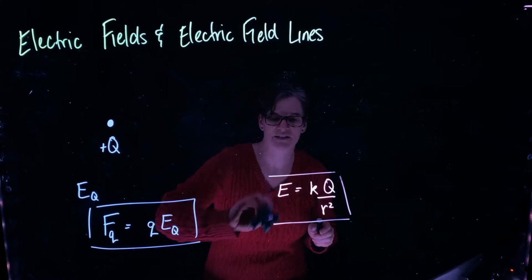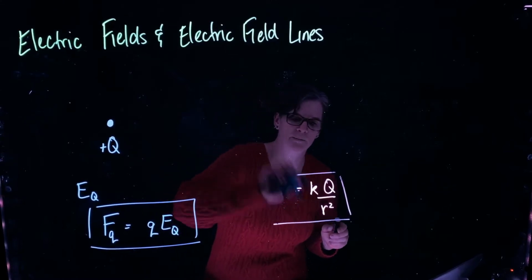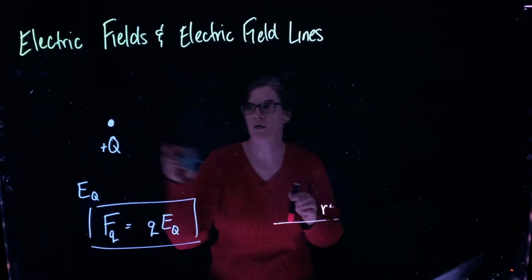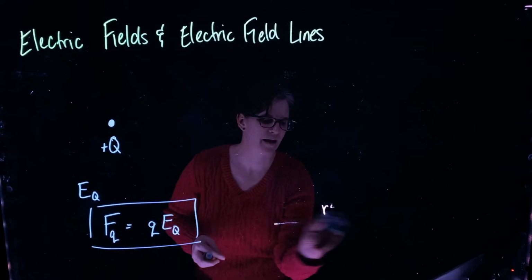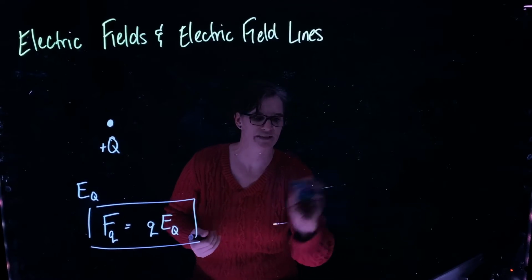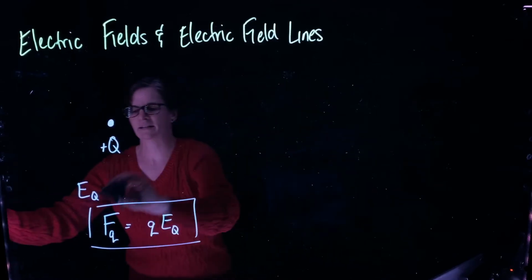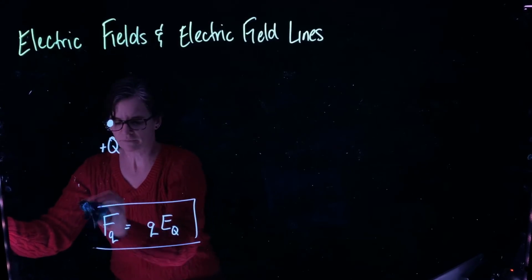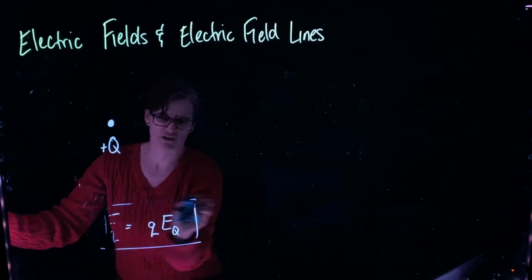We will get to what happens when I have multiple charges, two capital Qs in nearby space. How does the field look in that case? But for now, let's imagine that I have only one, and it's positively charged.